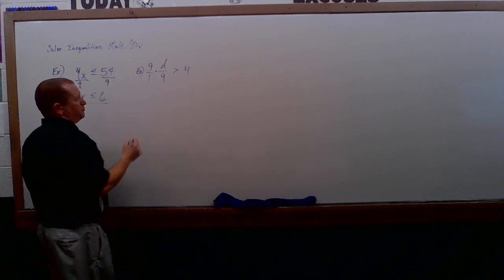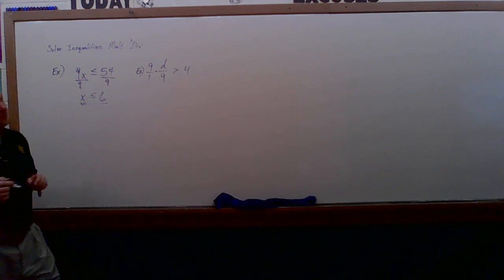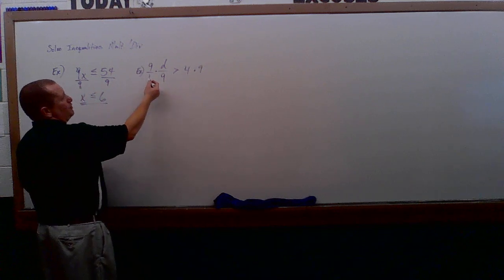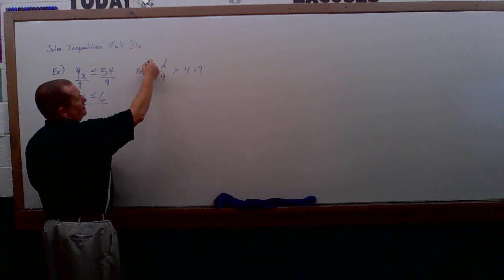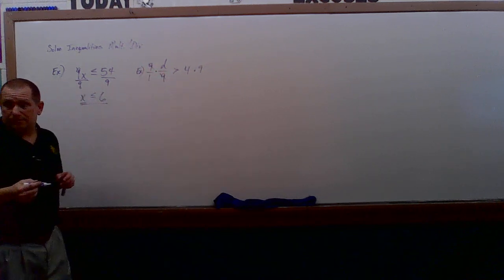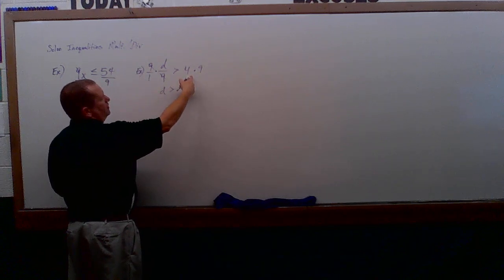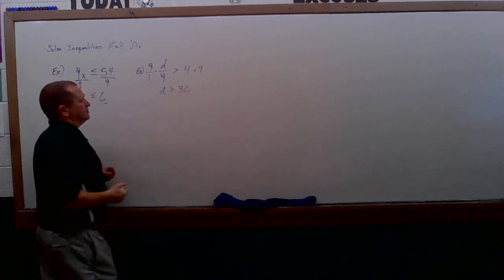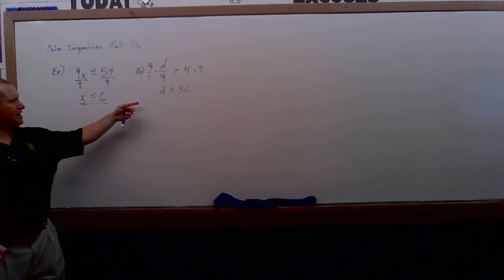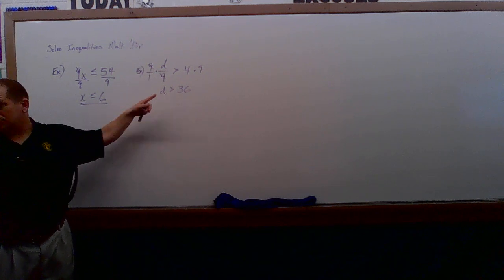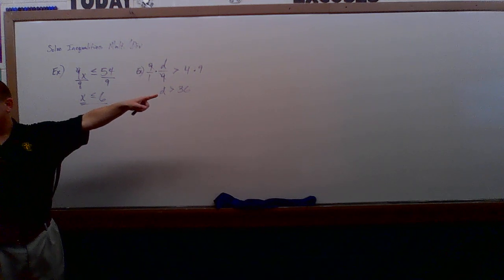Realistically, I'm going to put that 9 over 1. Whatever I do to one side, I multiply by the same thing on the other side. Why do I write it this way? Because diagonally, they cancel each other out. And then we end up with d is greater than 36. The only difference in the graph is that now we have an open circle, and we shade to the right.